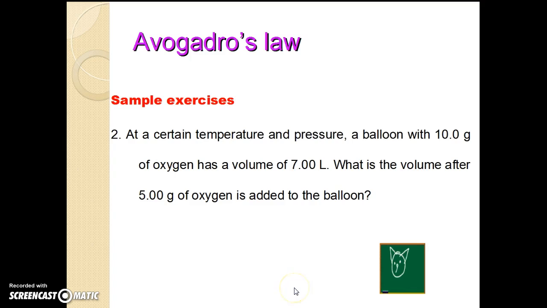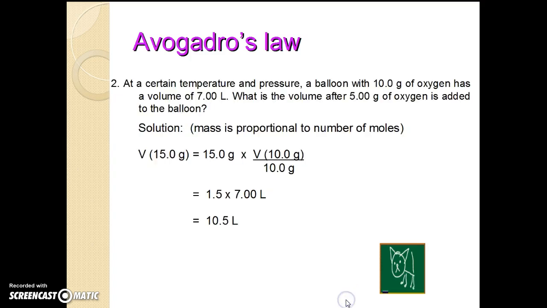Here's another exercise. A balloon with 10 grams of oxygen has a volume of 7.00 liters. If you add 5.00 grams of oxygen and don't change the temperature and pressure, what's the new volume? Now, the mass is proportional to the number of moles since we're using the same gas.